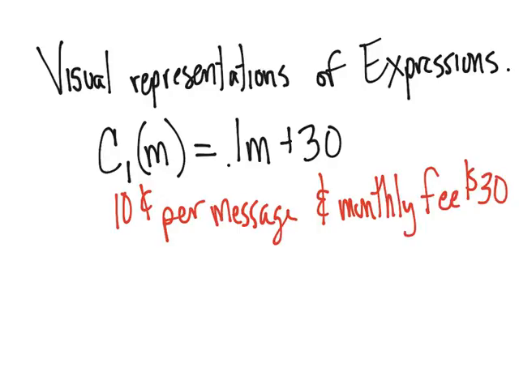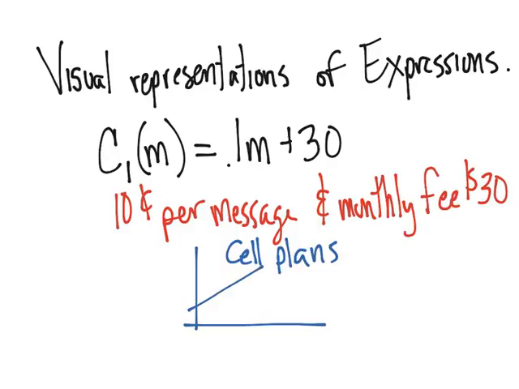The final way we looked at interpreting our cell phone plan problem was that we looked at graphs, and we developed a graph for cell plans that graphed all 4 of our different equations. If you remember, it looked something like that.